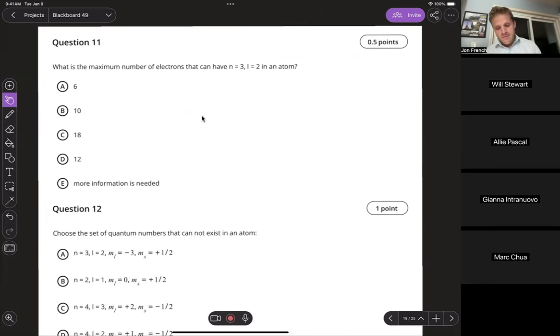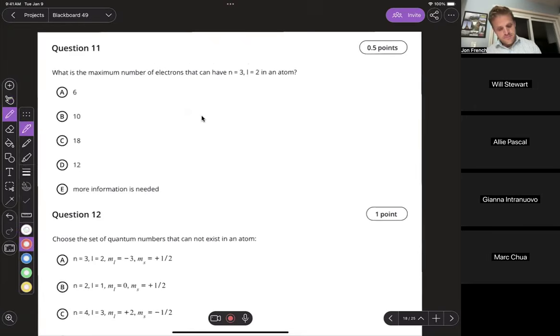So n equals 3 is basically saying we can have 3s, 3p, and 3d. Those are all possibilities. That's the three here, our quantum number. L tells us what orbital we are working with.